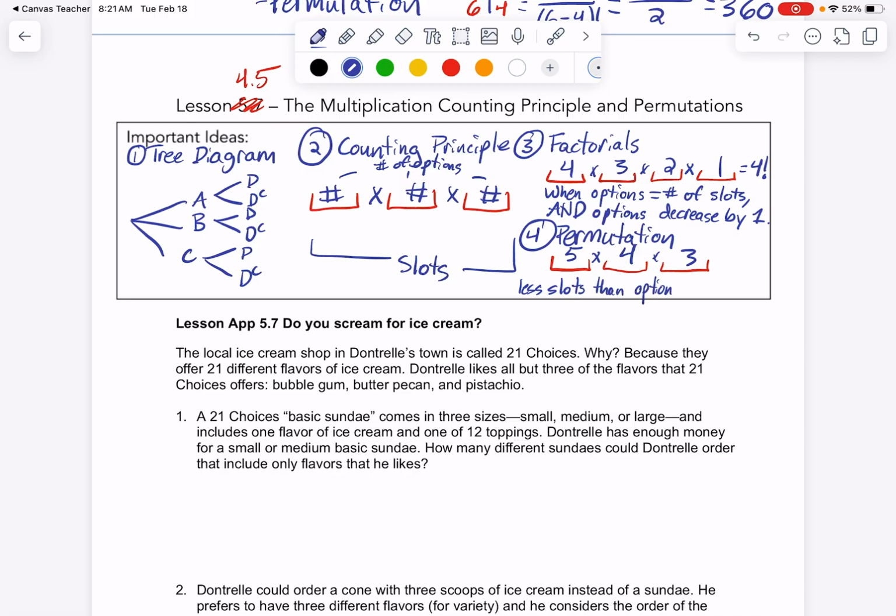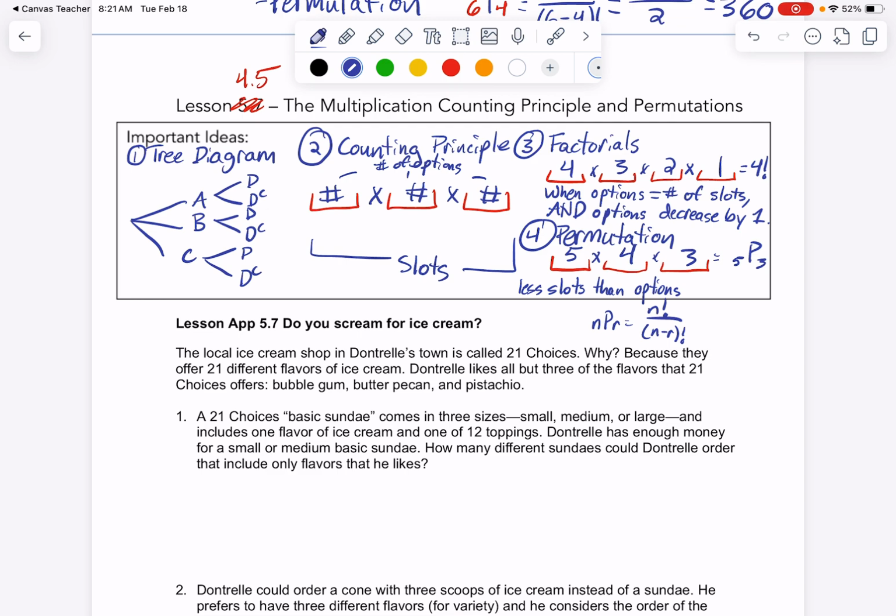Remember to write this out: we do the big P in the middle, and then we have the number of options first and the number of slots second. And then it has a formula. The formula, remember, NPR is how we write it out. So the formula is n factorial over n minus r factorial.